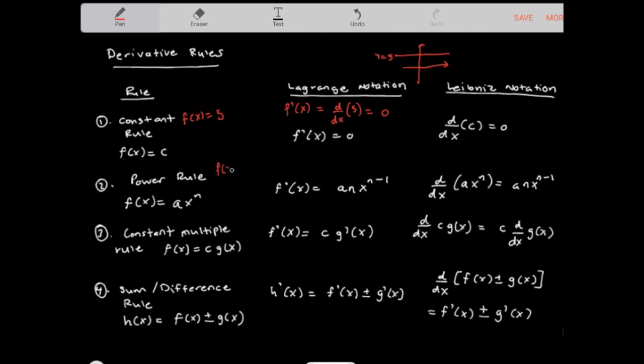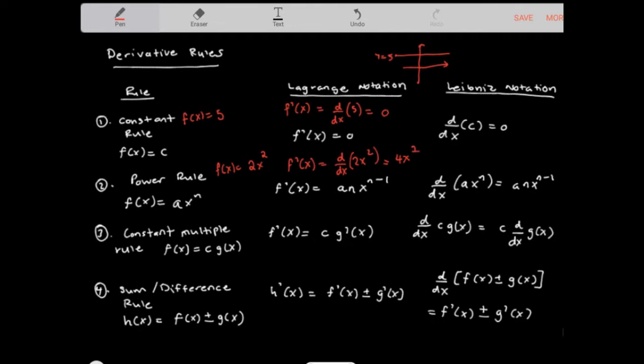So let's say f of x is equal to 2x to the power 2. The derivative, f prime of x, is basically the power n times a, which is 2 times 2, which is 4, x, and then we subtract 1 from the power.